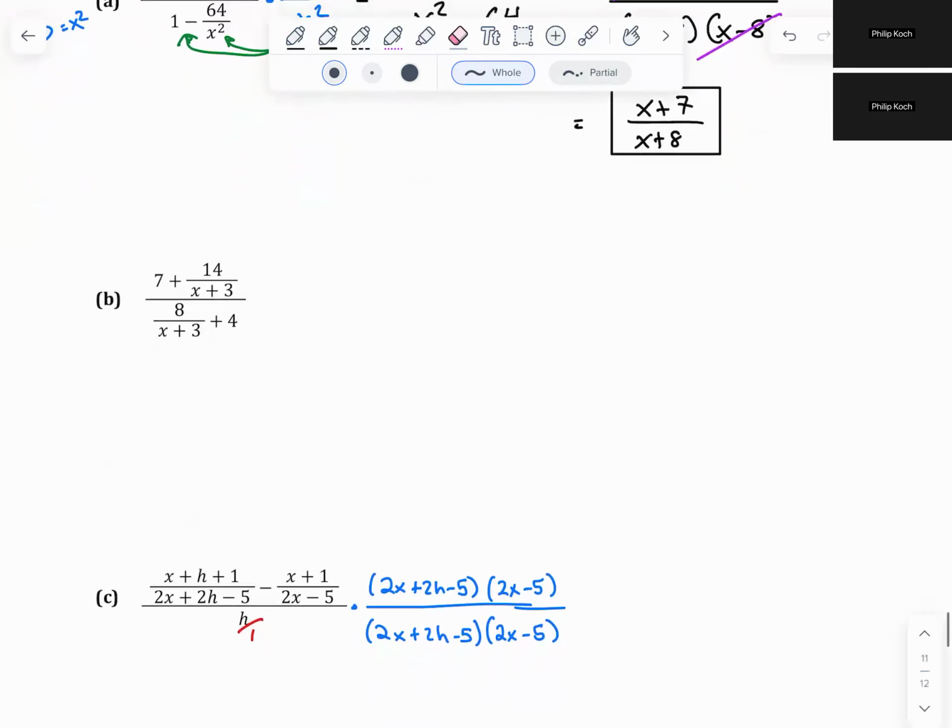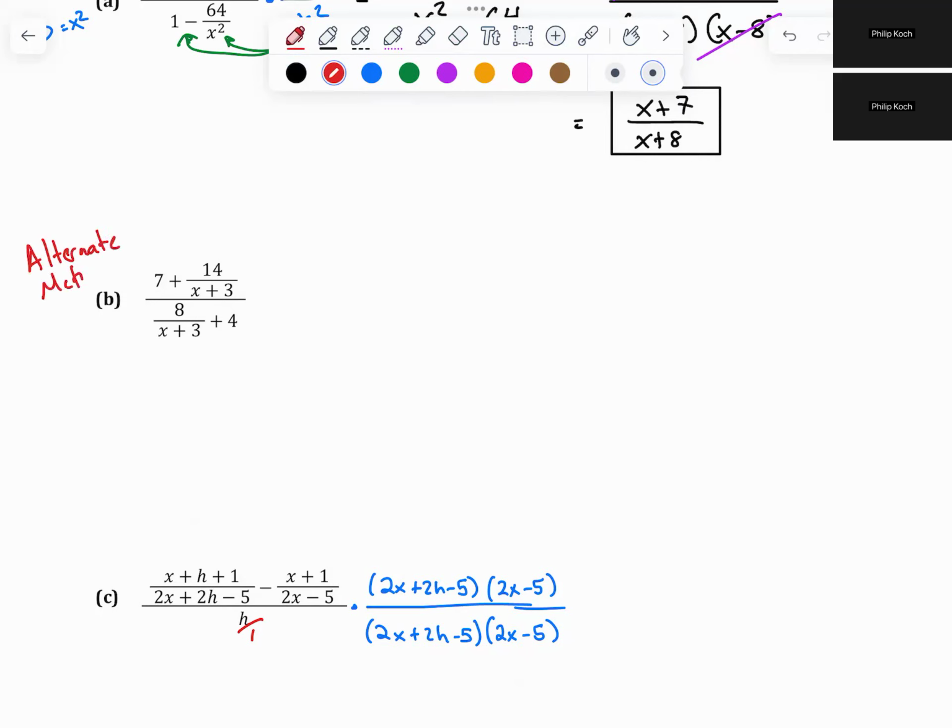This next one. Would you guys like to see the alternate method to see if you like it more? The alternate method would be to simplify the big numerator and the big denominator first. So in the big numerator, I need to combine these two things.